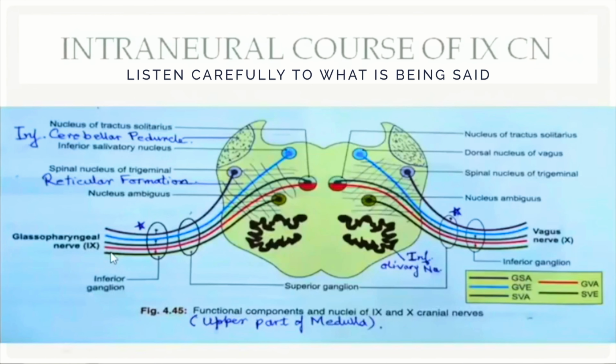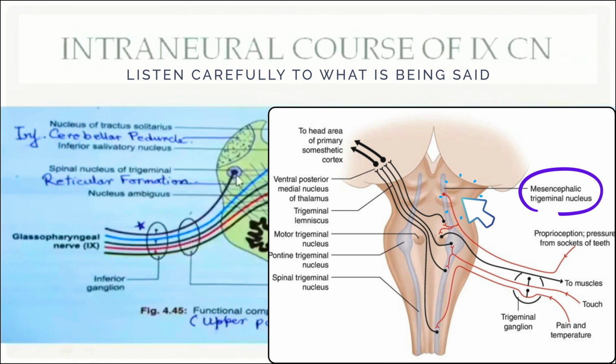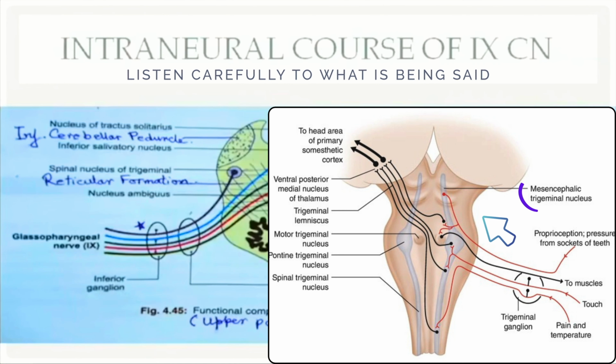So for neurons carrying proprioceptive sensations from stylopharyngeus muscle, you will not find their cytons in these ganglia of the glossopharyngeal. Rather, they will straight away reach the mesencephalic nucleus of trigeminal nerve, and the cytons will be within that nucleus, right? So those are the first order neurons. You can compare the mesencephalic nucleus to a sensory ganglion, same as the other sensory ganglia. The only thing is that it is located within the CNS.